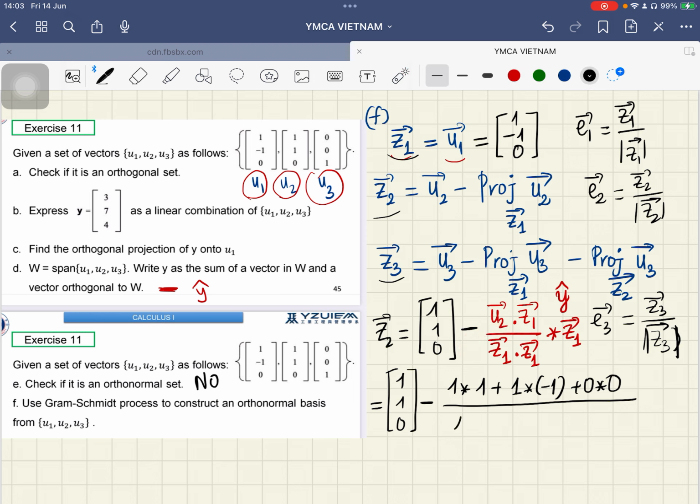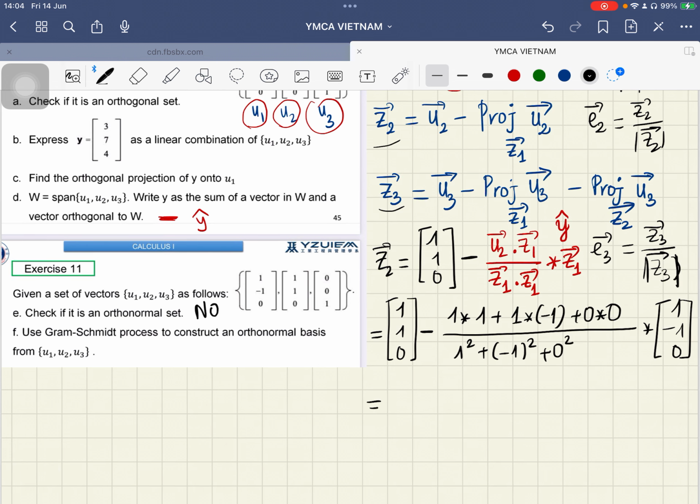So Z1 and Z1 we have 1 square plus -1 square plus 0 square, multiplied by Z1. Z1 is 1, -1, and 0. So we will have here 1, 1, 0 minus 1 minus 1. So this is 0. So we have 0, 0, 0.